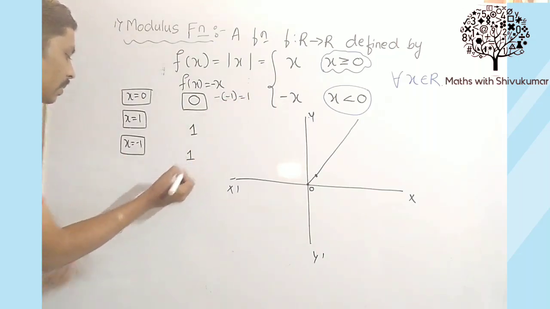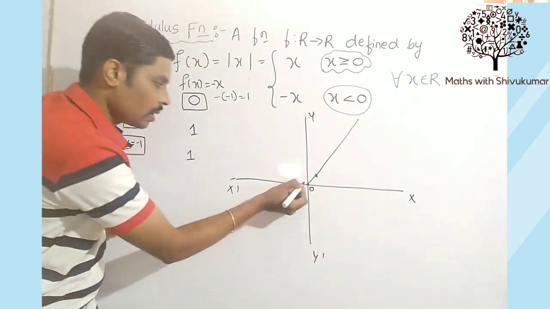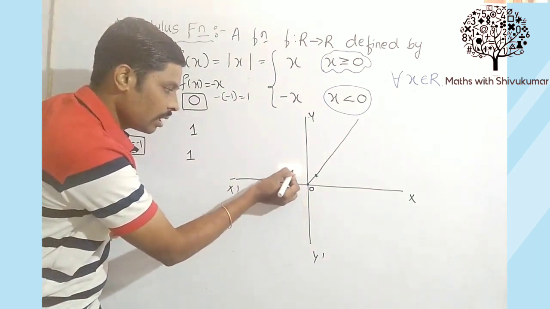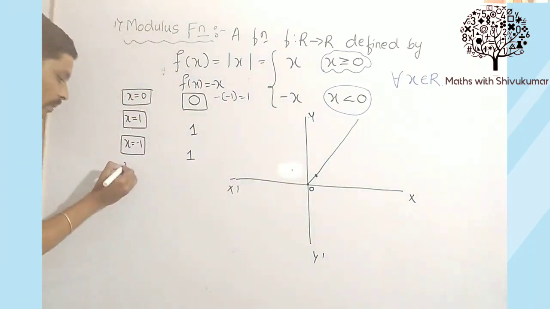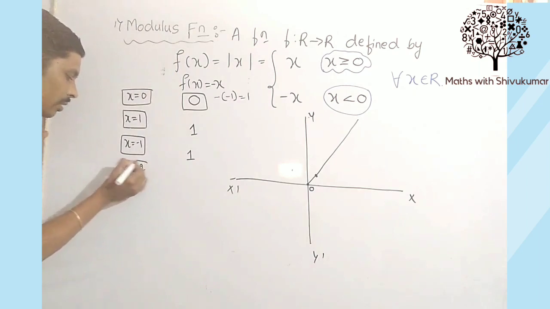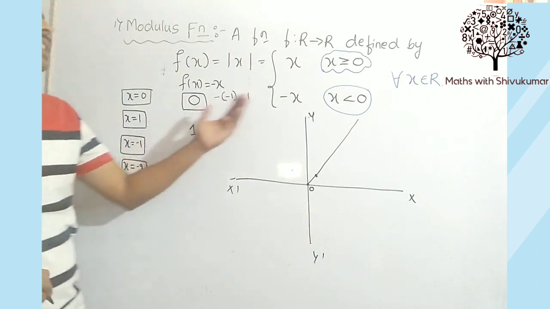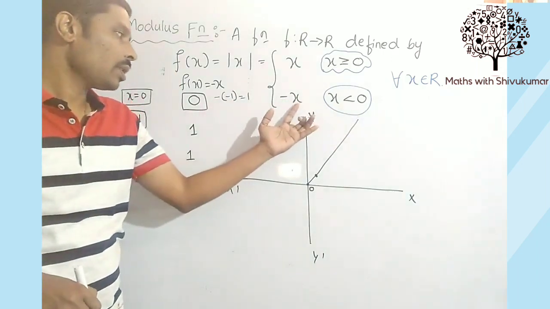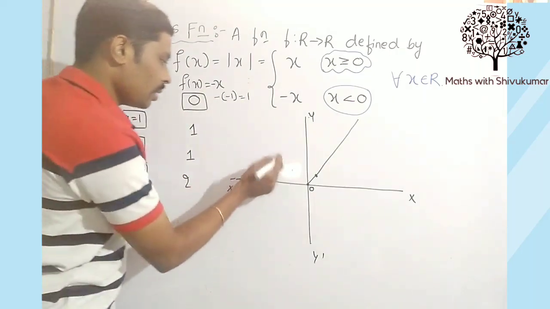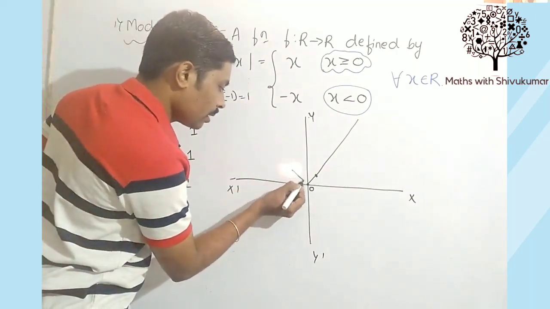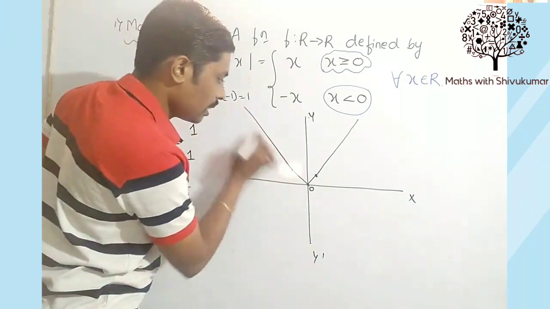So x is equal to minus 1 will come here, and the corresponding 1 will come here. Similarly, if I substitute x is equal to minus 2, because minus 2 is again less than 0, we substitute here. Minus into minus is plus, so it will come here. If I join, the graph will be like this. This is the straight line you have to draw.